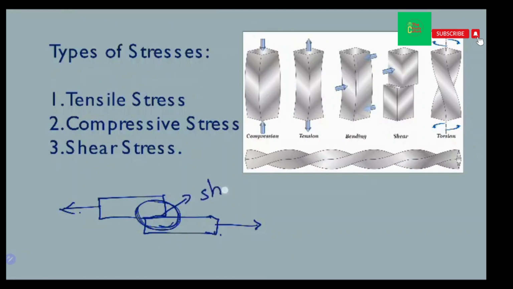And the formula for the shear stress is P divided by A. Here P is the shear resistance and A is the shear area.